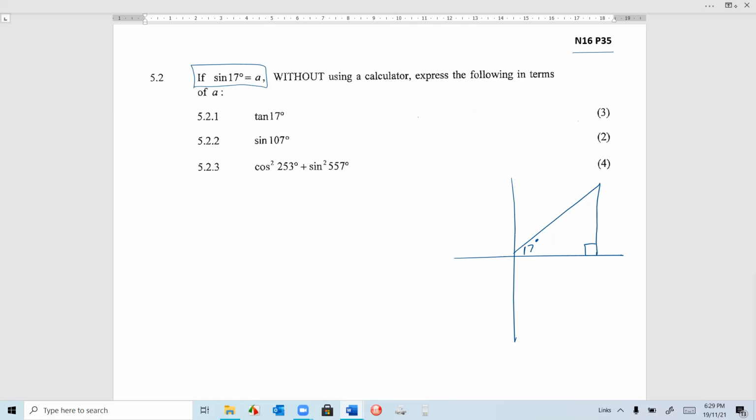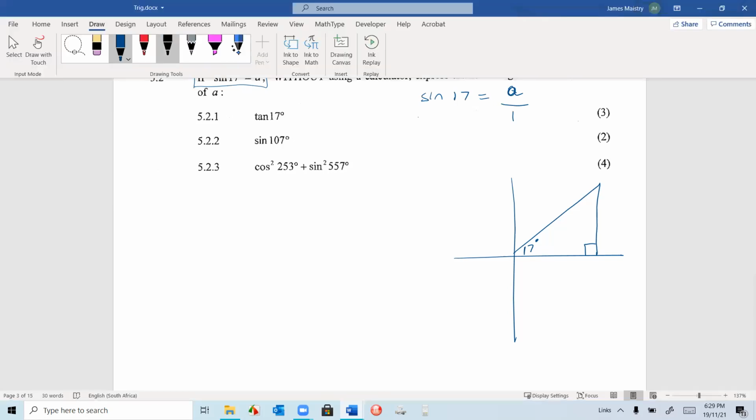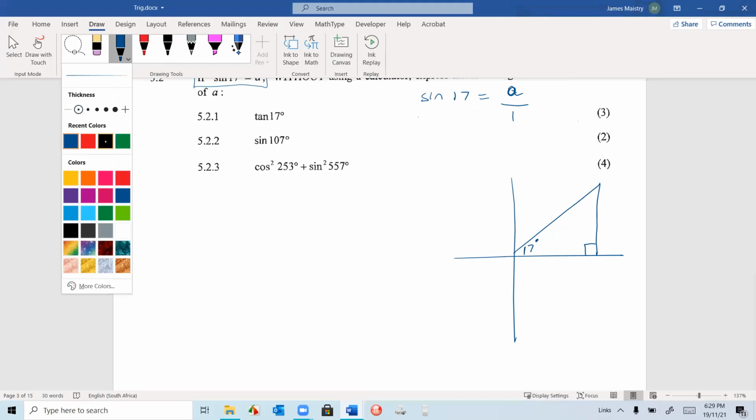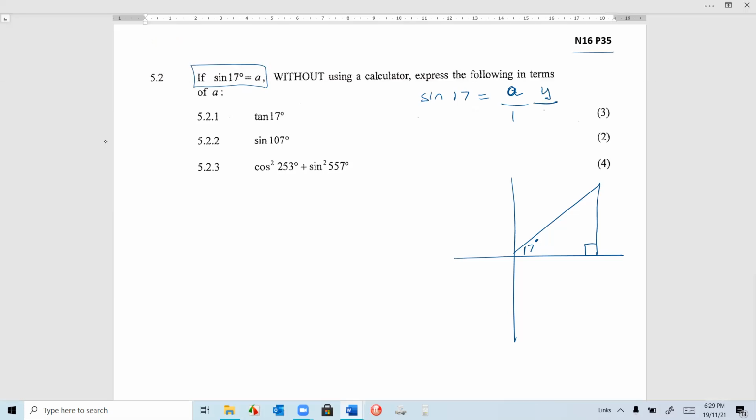Now remember, if they're giving us that sine of 17 is equal to A, so let's express A as a fraction. As a fraction, it's A over 1. And by definition, we know that sine means Y over R.